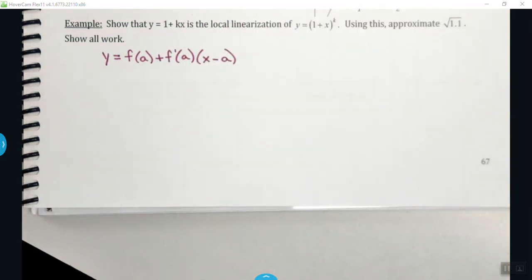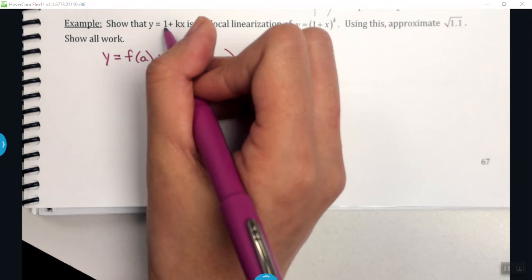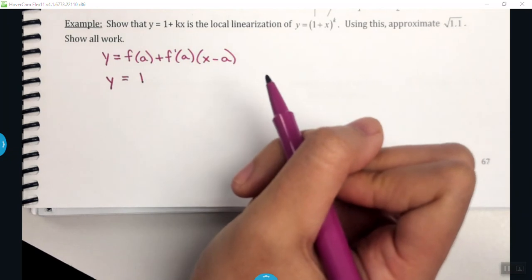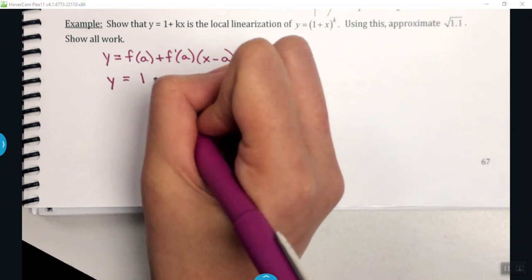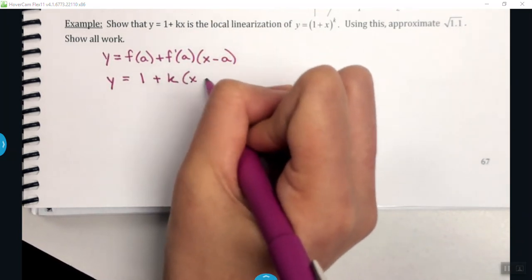So there's my linearization, right? What is my y value? It's gotta be 1, right? f of a equals 1, and f prime of a's gotta be k. And then this will be x minus 0.